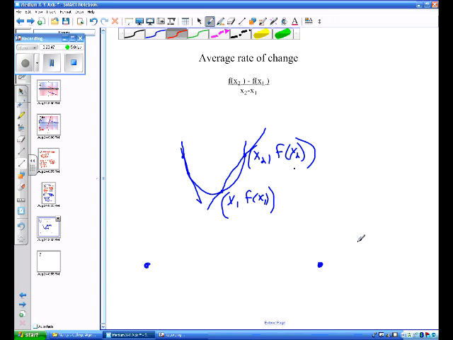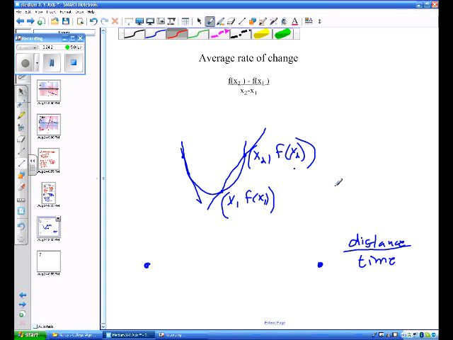So it was our change in distance, or the distance that we went, divided by the time that it took us to get there, our change in time. But we know from experience that we didn't drive the same speed all the time. And sometimes we had even stopped. So that would be something that we might need to get an average rate of change on, and it's called our average velocity.